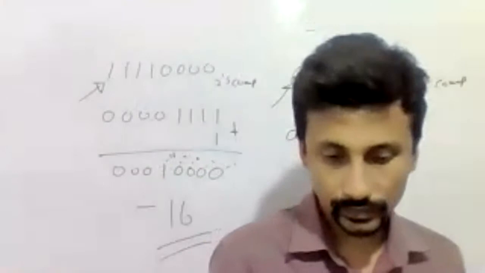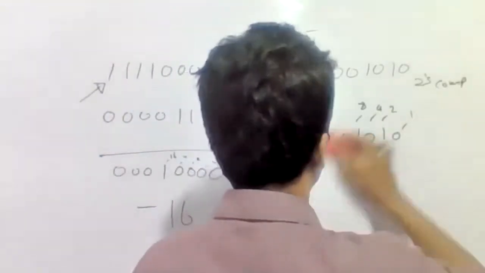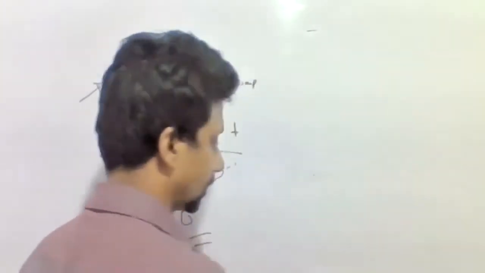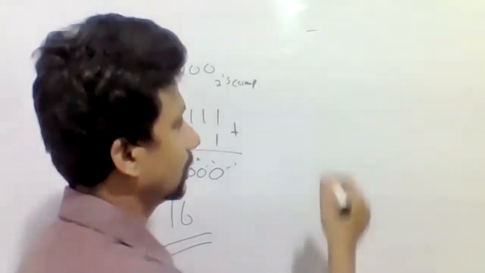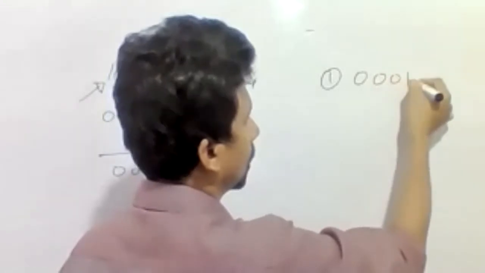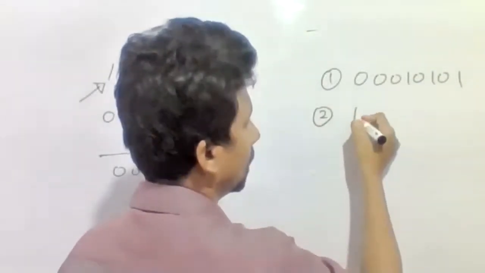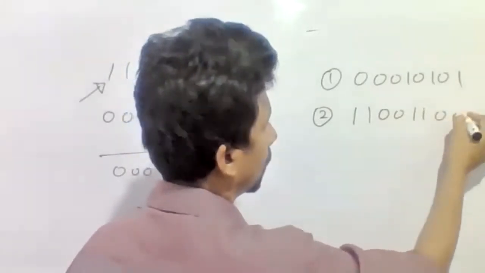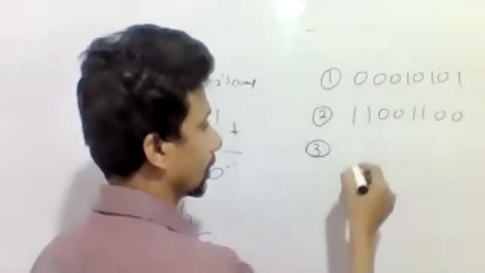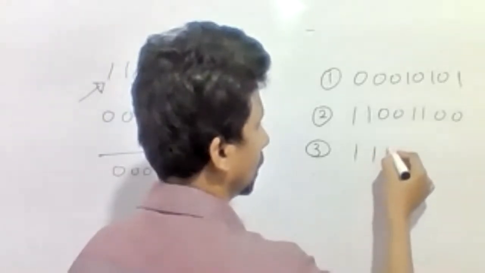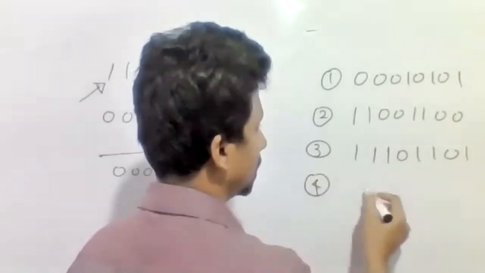Write down like a question: Convert the following 2's complement values to relevant decimal numbers.